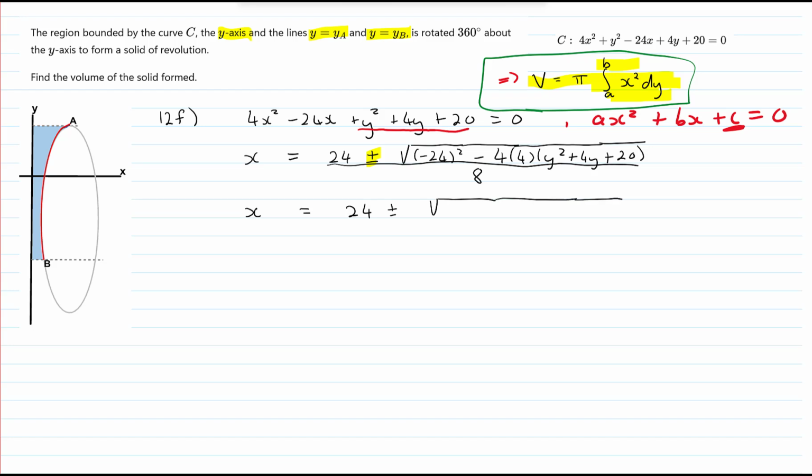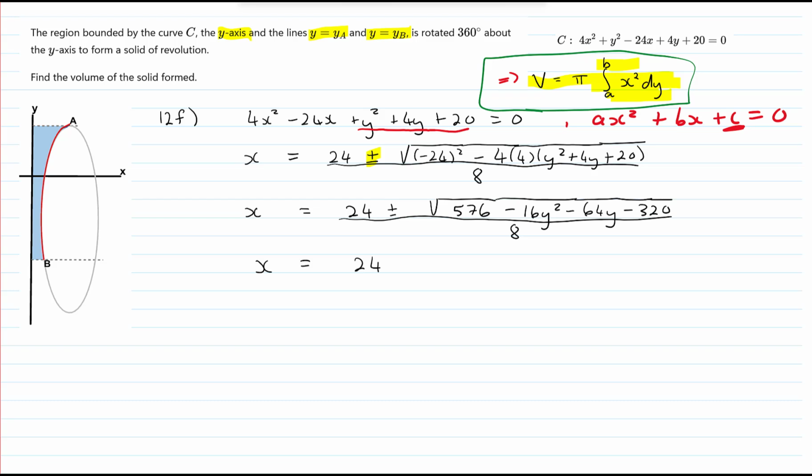Okay, so simplifying this a bit, x is going to be 24 plus or minus, and then we'll expand some of those brackets out. I'm going to get 576 minus 16y squared minus 64y, and then minus 320, and all of that divided by 8. And now I'm going to take away the plus sign.